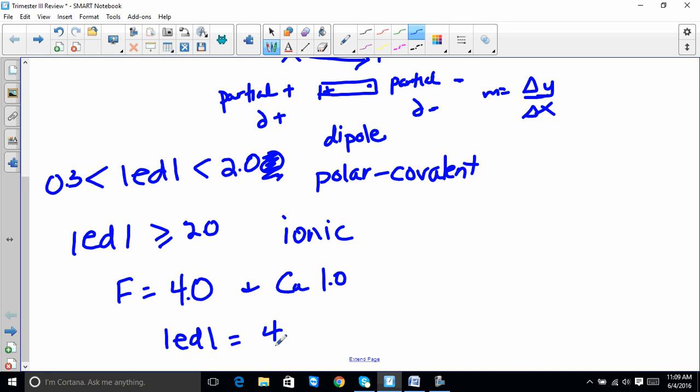Difference means subtract, so 4.0 minus 1.0 is 3.0, and 3.0 is greater than 2.0, so this bond is ionic. Calcium is in group 2 and fluorine is in group 17. Calcium's only 1.0, fluorine is 4.0. Fluorine is strong enough to take the electrons away.